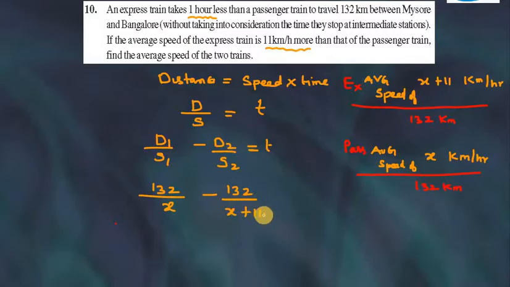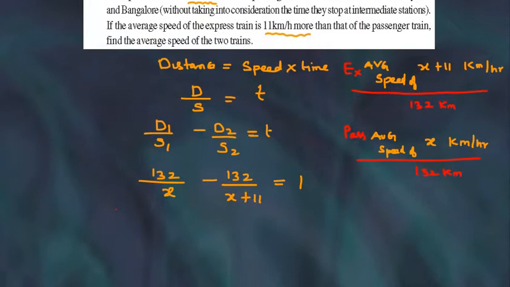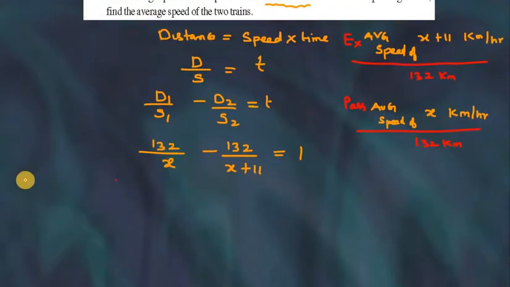So x plus 11. So the difference in reaching is how much? He has clearly mentioned that it is 1 hour. So the difference between the two trains at the reaching point is 1 hour. So this minus this is equal to 1 hour. We'll simplify this equation. If I take 132 common, you'll get 1 by x minus 1 by x plus 11 is equal to 1.